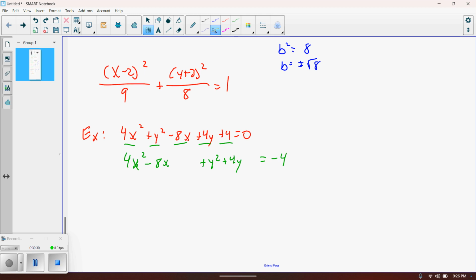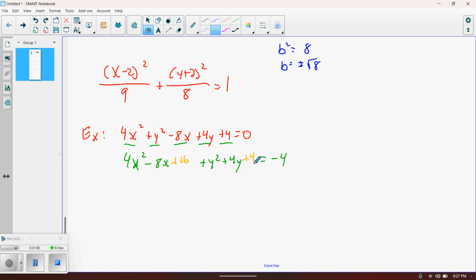So now we're going to complete the square for both x and y. And remember, to complete the square, you take the linear coefficient, divide it by 2, and then square it. So for the x part, we're going to take -8, divide it by 2, and get -4, and then square it, which gives us plus 16. For the y part, we're going to take the 4, divide it by 2, which is 2, and then square it, which is 4.